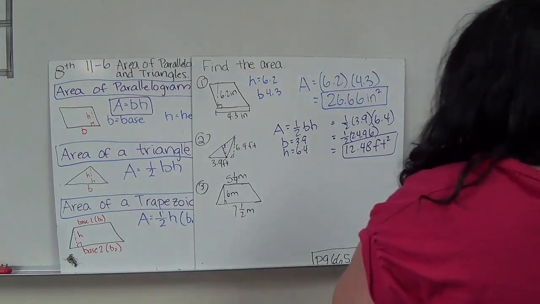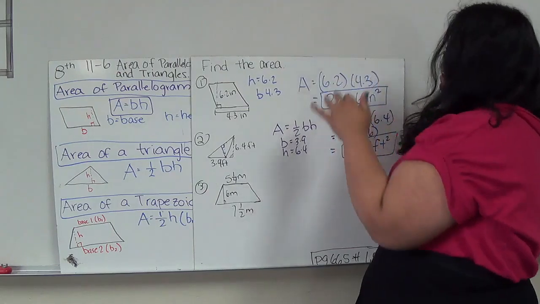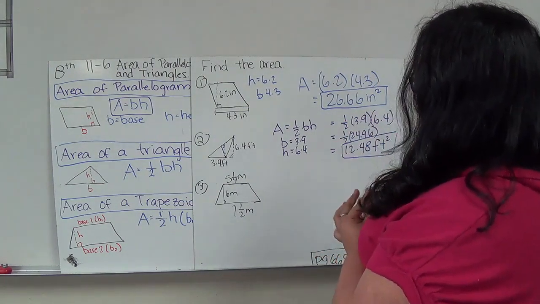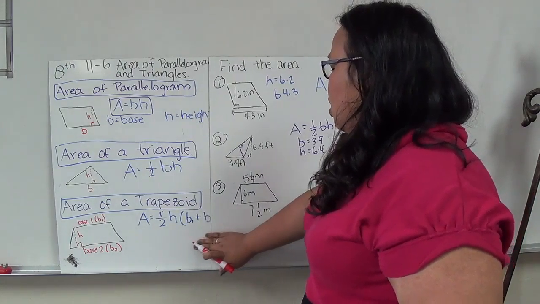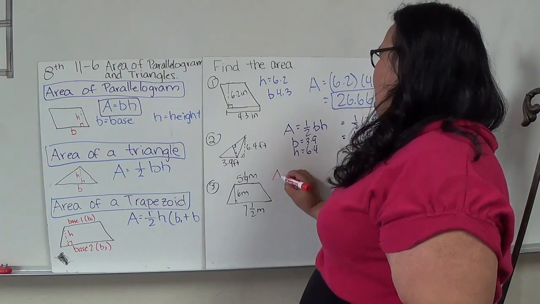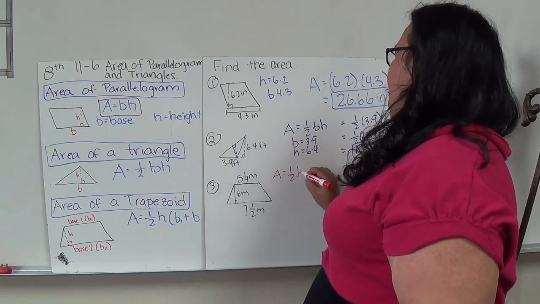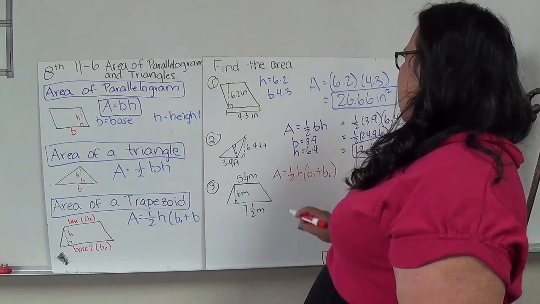Last one. Yay! Okay, let me find the color here. Let's do red. Okay. So this one, the equation is, I'm going to add the bases together. I kind of erased it, my apologies. So A equals 1/2 height, B1 plus B2. So let's locate this.